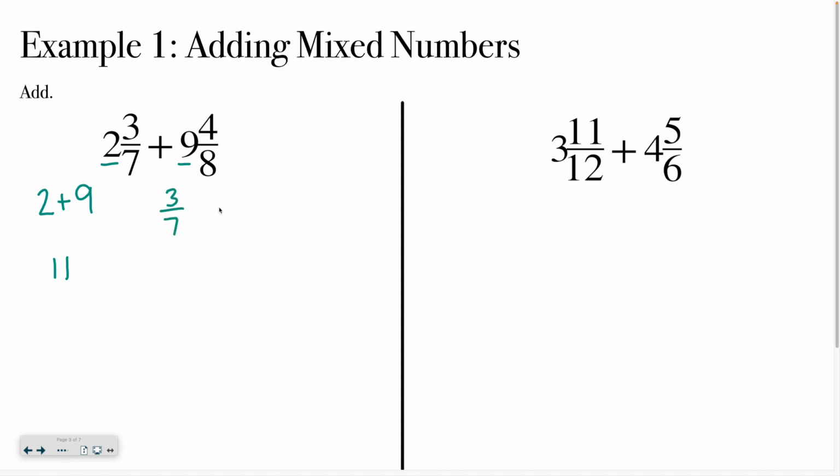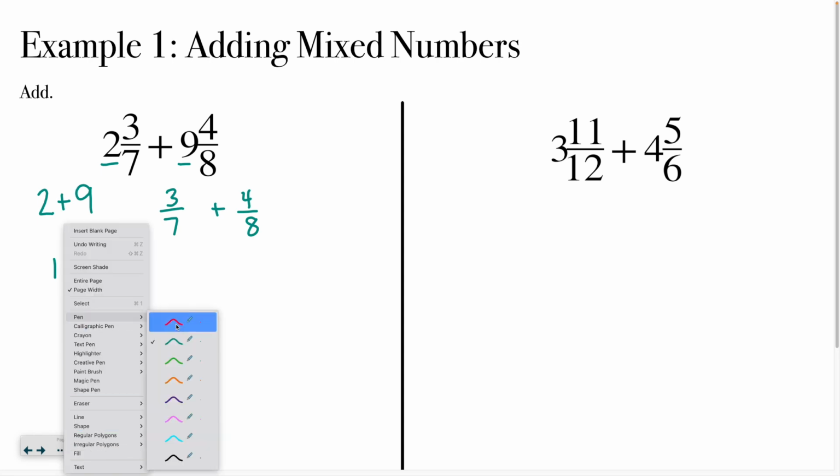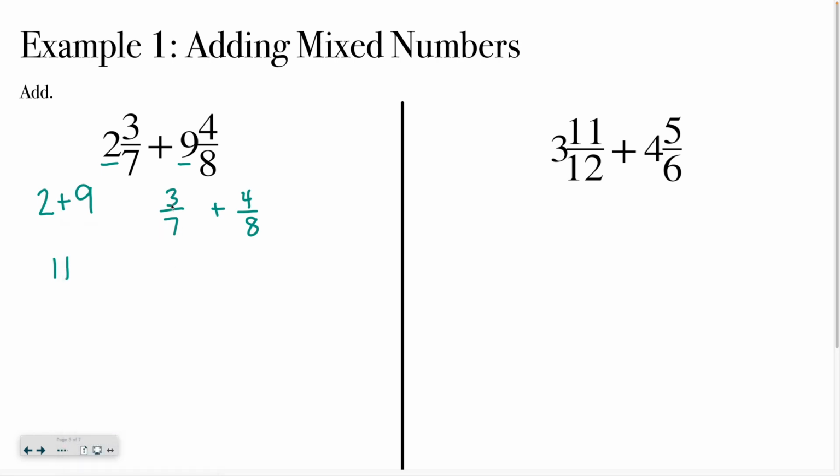And now I have 3/7 plus 4/8. And I want to think, what number do both 7 and 8 go into? And I could make that list of numbers like I did on the last slide. Another method that you can do is simply multiply each fraction by the opposite bottom number, the opposite denominator.